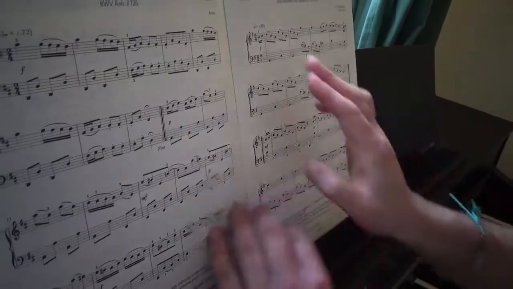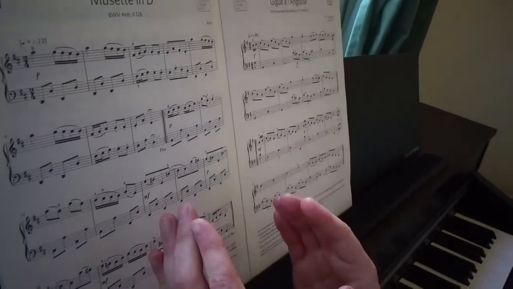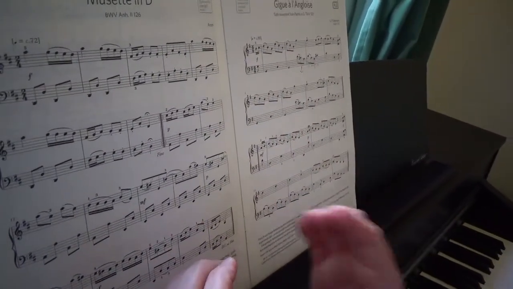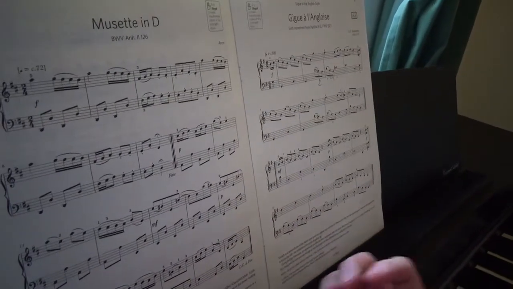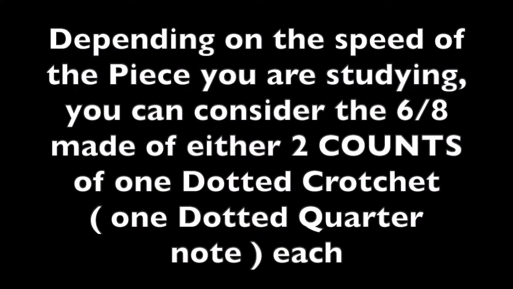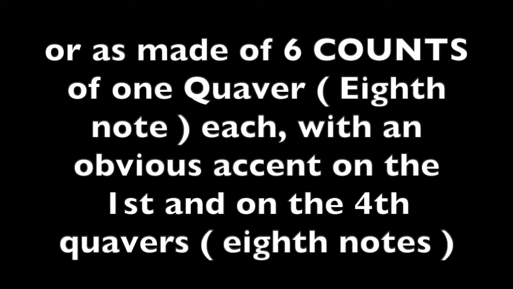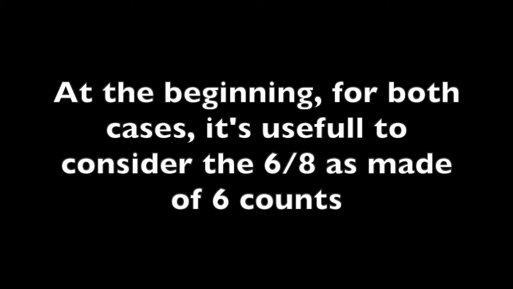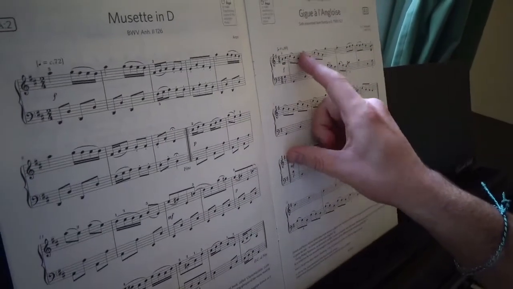Indeed, many times you read that 6/8 is made of 6 counts. It is definitely true, it's not wrong. 6 counts of 1/8 each. So 1, 2, 3, 4, 5, 6.